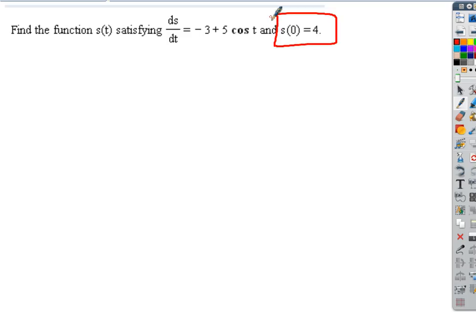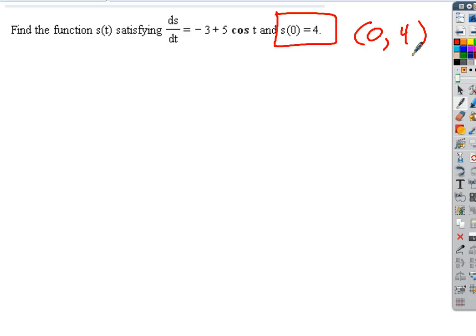What does that mean? S of 0 equals 4. When t equals 0, the function equals 4. One way to think about that is to write it as an ordered pair. It goes through the value of the independent variable 0 and the dependent variable 4. So on the xy plane, it would go through that point, right?